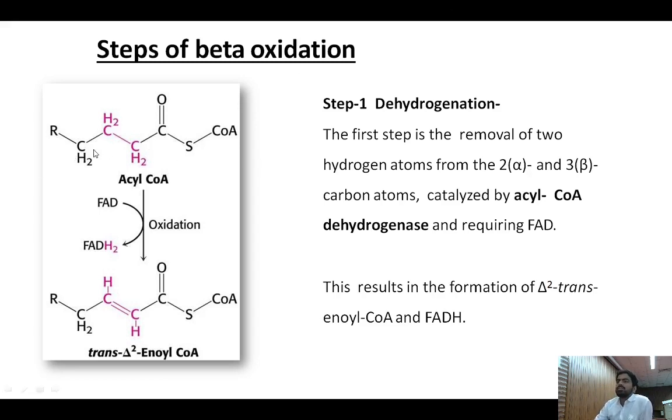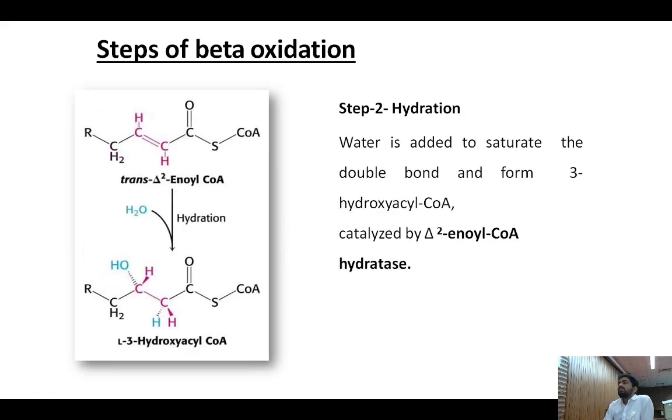Here of course you don't have to draw, you would just write acyl coenzyme, arrow, FAD, FADH2. Here you can write the enzyme name, acyl coenzyme dehydrogenase, then trans-enoyl coenzyme. This is the first reaction. The second reaction will be hydration. In this trans-enoyl coenzyme, a water molecule will add and form hydroxyacyl coenzyme.